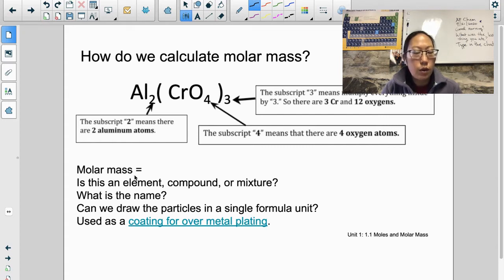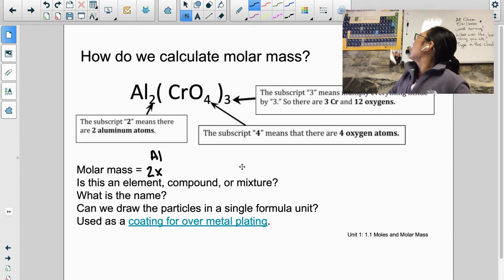For the molar mass, we have to add up all of these atomic masses multiplied by the number of atoms there are. So first, we'll do the aluminum. So aluminum is going to be 2 times, and I'm going to try to use some more precise molar masses here.